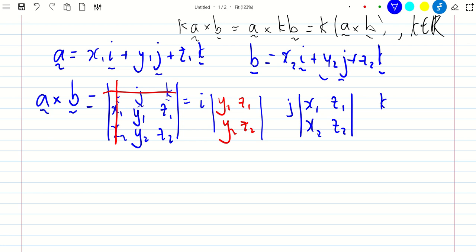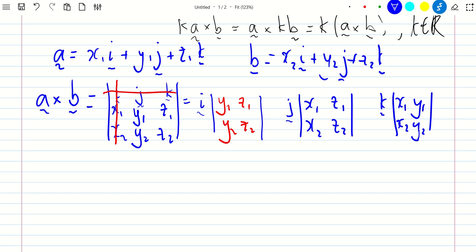And lastly, you're going to have your k. And what would happen if you scribbled out the row and the column that k is in? You'll have x1, y1, and then x2, y2. Now, from the nature of 3x3 determinants, it follows a particular plus and minus pattern.